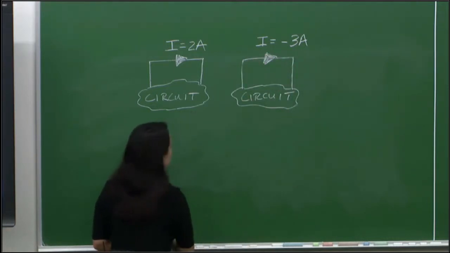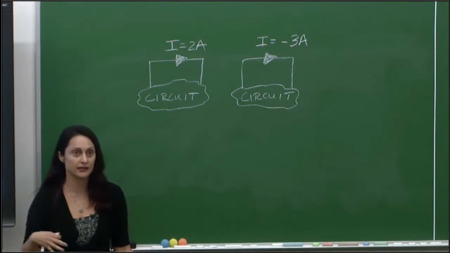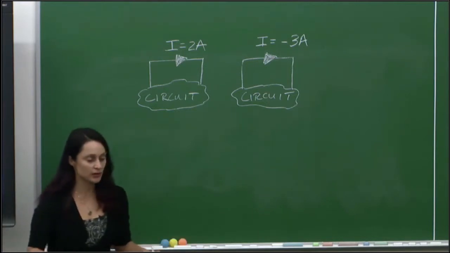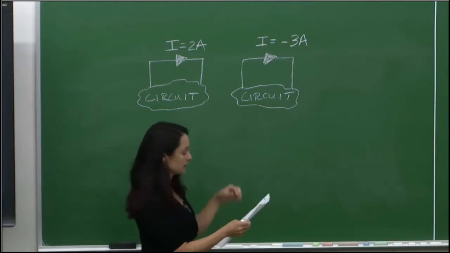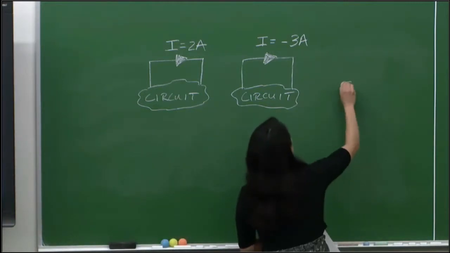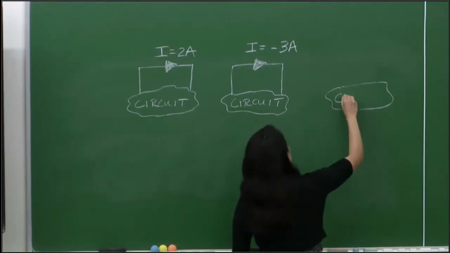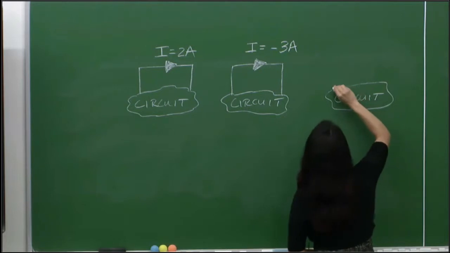So current, and a lot of these things in here, are vector quantities. Not in the sense of needing Cartesian coordinates, but that you have a flow direction and a magnitude. So you're going to have vector quantities. They're going to have some amount of coulombs per second and a flow direction for right now, but we'll also have voltage quantities.